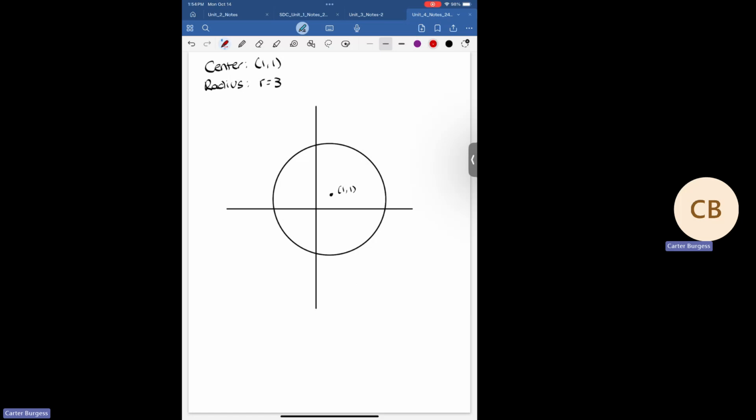The circle itself would be this point here, and also this point here, and also this point here, and every single point around this disk that we have. And what is going to be true about the relationship between any of these points that I could pick along the circle and my center?